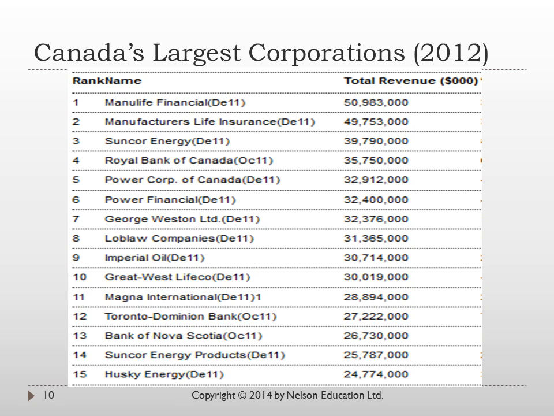As we saw, about 70% of businesses in Canada are corporations, and many of those are small corporations that may have one owner or a limited number of owners.